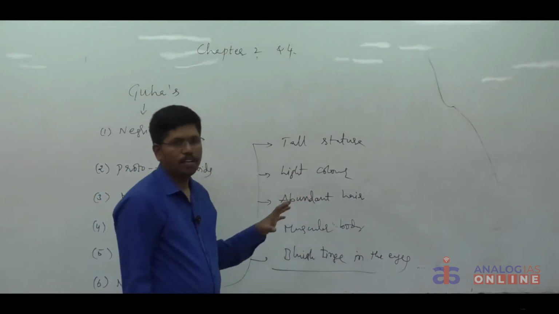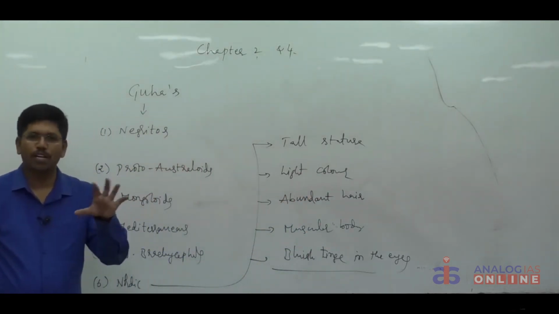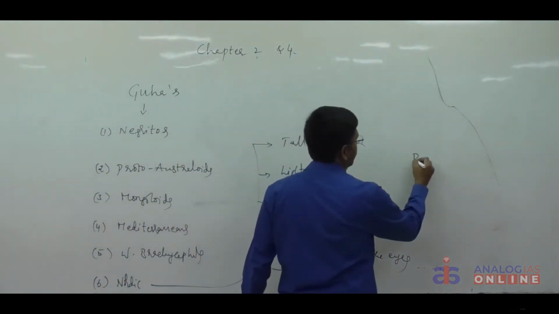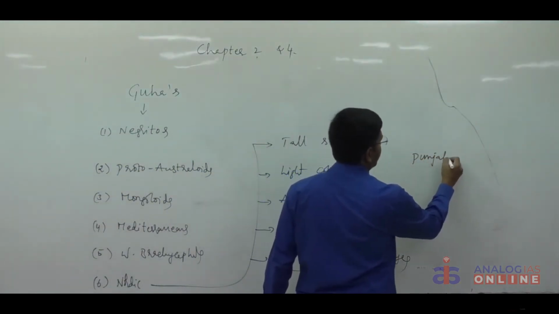Here the Nordic element can be seen here and there sporadically in the northwestern part of India, especially in Punjab and Rajasthan.